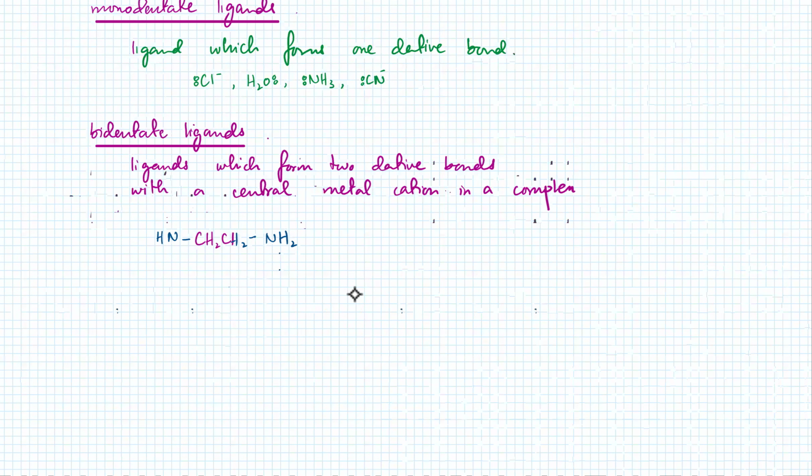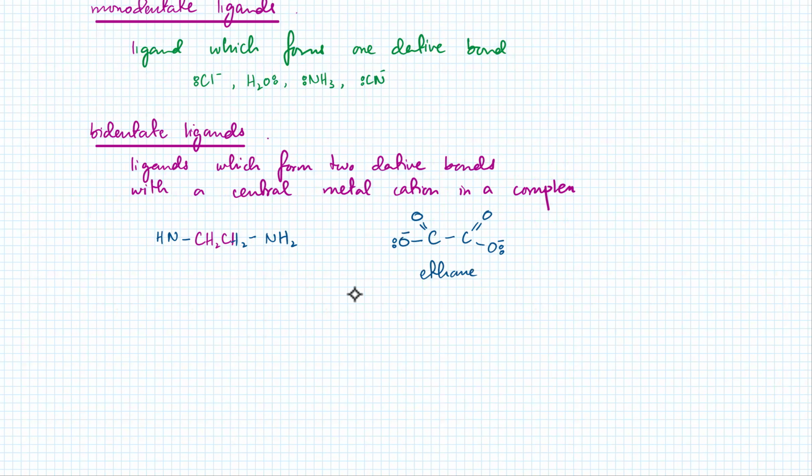अच्छा, so you've got इन दोनों के नाम. I'm going to write the names again. This one is ethane dioate, and that one is ethylamine, diamine, or ethane diamine. अच्छा, so how do they form two dative bonds?